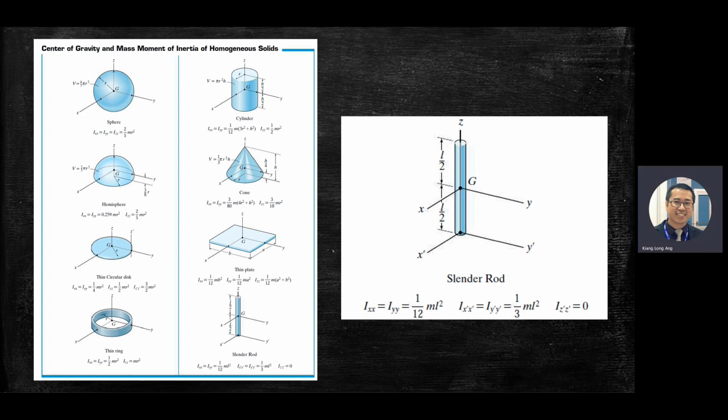So what axis you refer? X prime, Y prime. Refer to here, straight away use this equation, rather than you go and find Ig plus md squared. You can still go ahead and find this one plus md squared. You can still find this equation. Same, but from the table straight away use this value.